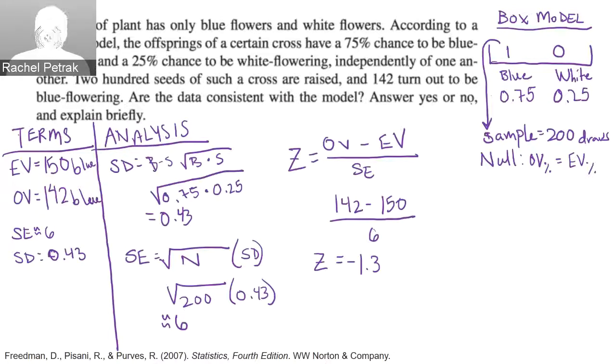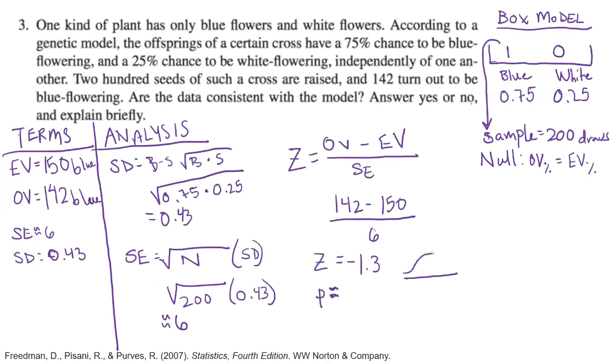And if you look up a z-value of 1.3, you'll see the corresponding p is about 10%. When looking up this z-value, remember the table gives you either the mean to z proportion or the proportion beyond the z-score.